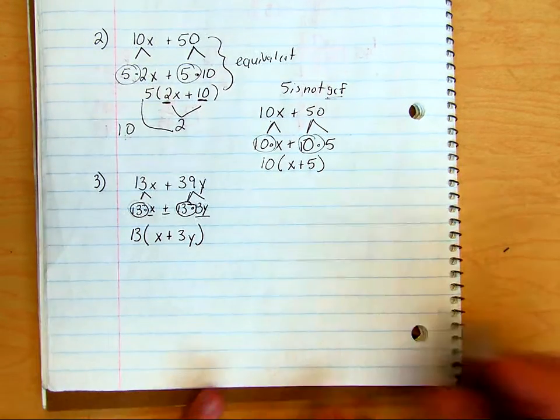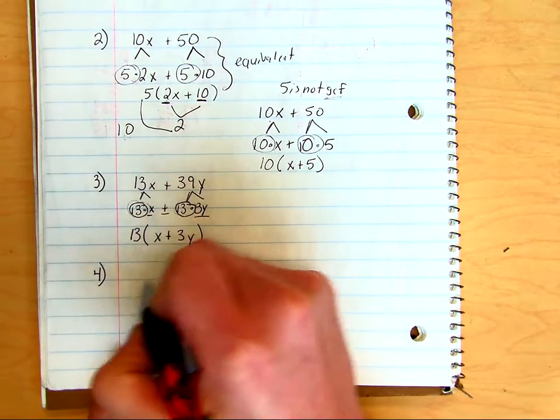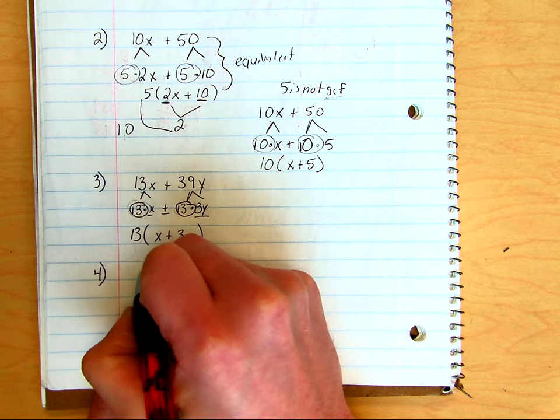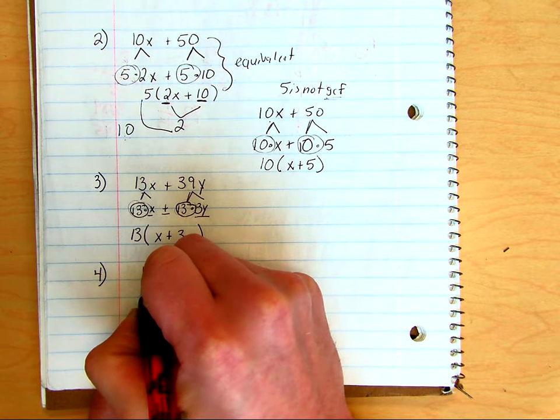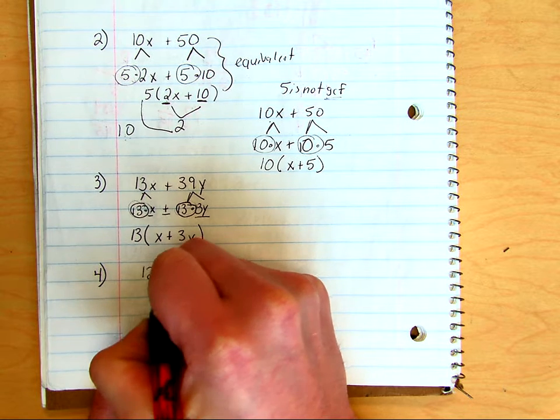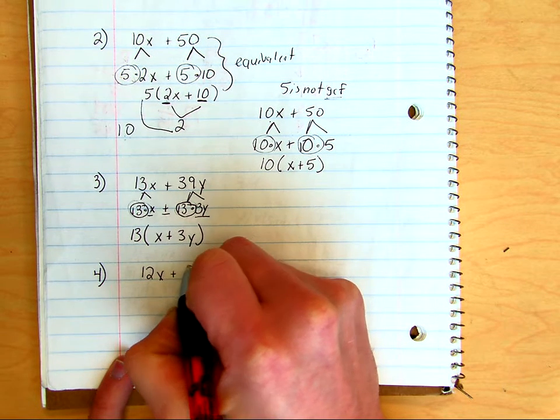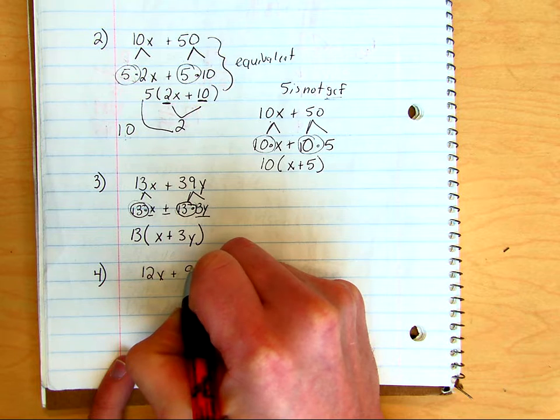Last example, maybe you have something like 12x plus 9x.